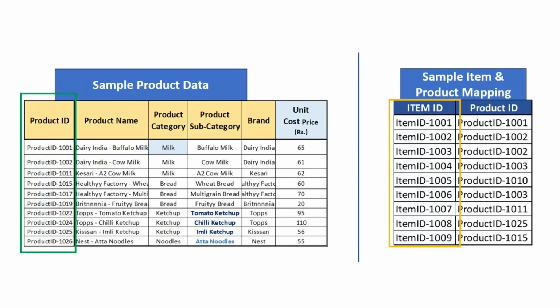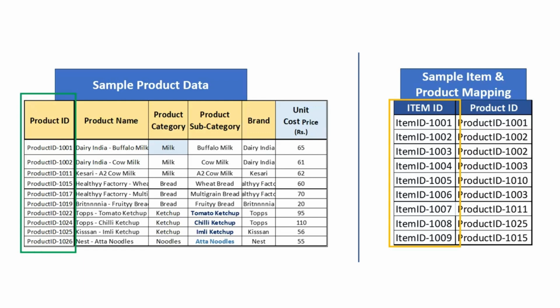Now we shall discuss the data before we move towards our hands-on exercise. Also, we will try to understand the relationship between item and product. The inventory data or the sample product data which is shown here is the same as it was in earlier sessions, only the product ID column is updated with a new ID series for understanding and discussion purposes.